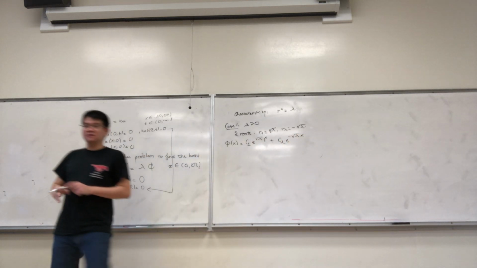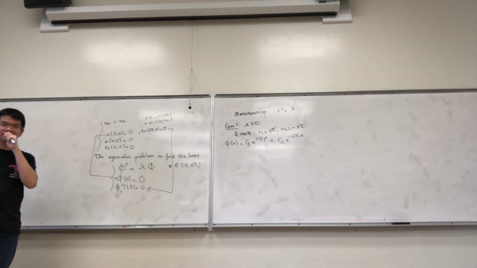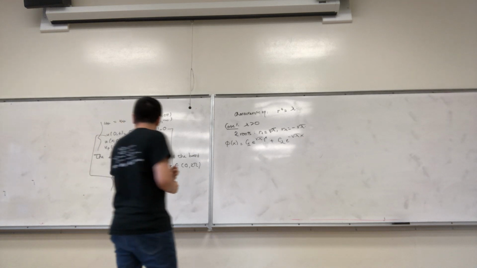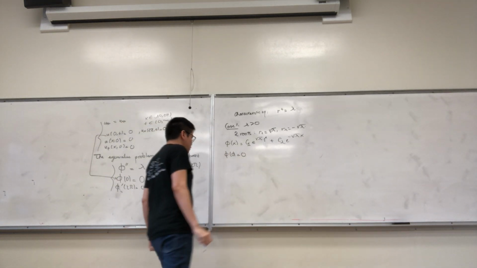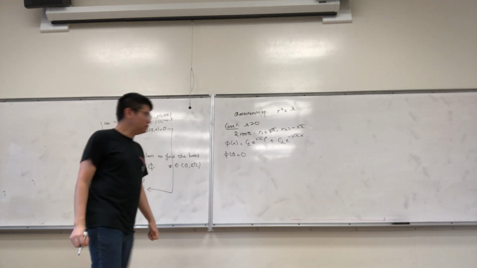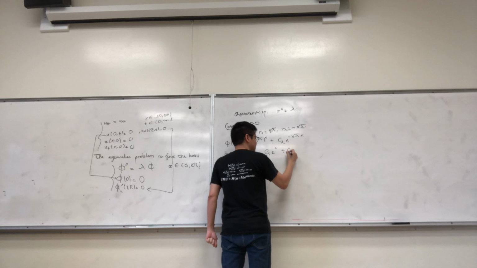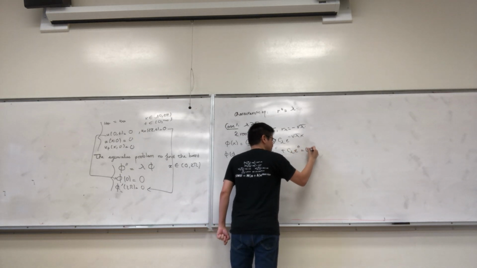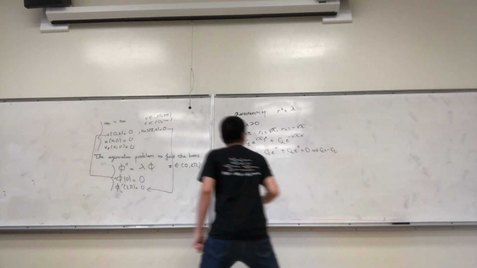Now what is the next step? Plug in the boundary condition. So phi 0 is 0, which means that C1 e to the 0 plus C2 e to the 0 will be 0. So C2 will be minus C1.